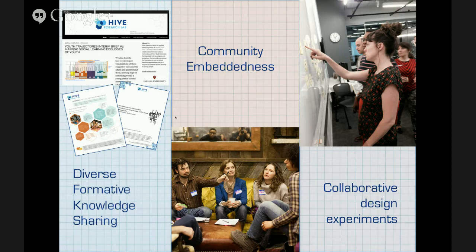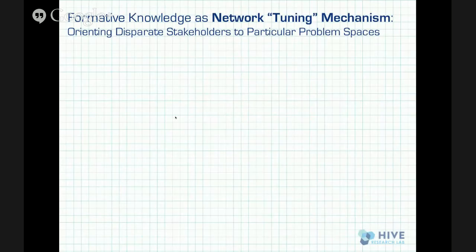And we just want to point out that the sorts of research we put out and also the social ties that we've created and the trust that we've created with our members have been crucial components of our design experiment story, which I'll go into next. So now we're going to go to an example of how we've used our formative knowledge to lead us to co-design activities through identifying problems of practice.